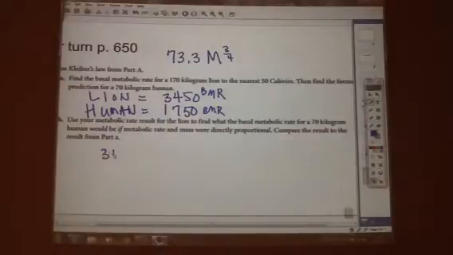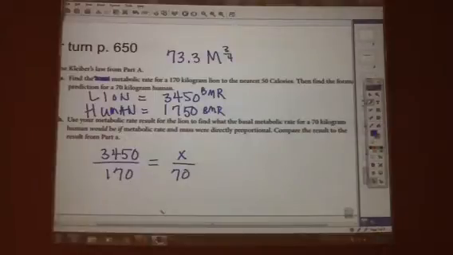So we're going to take the lion to the basal metabolic rate. How much for the human if they have a 70 basal metabolic rate? I think this should not be there.